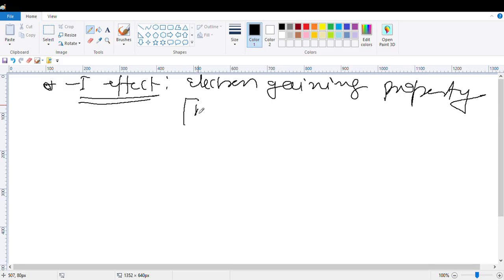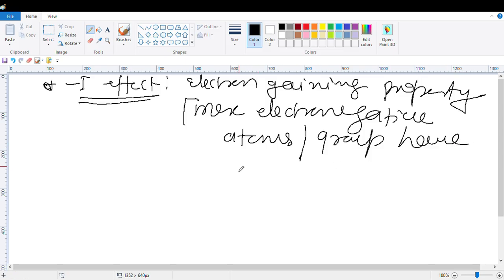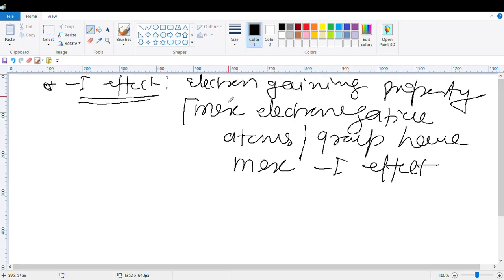The more electronegative atoms or groups have more minus I effect. Here, more electronegative means more electron gaining property, more minus I effect.